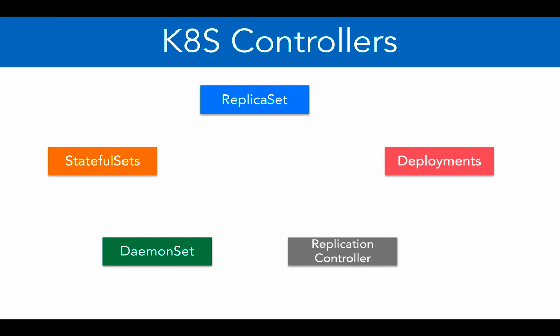One more thing I want to call out here is that we have various types of controllers. As I have already told you, we have replica sets, deployments, daemon sets, stateful sets, replication controllers. The concepts are actually interlinked. It might happen that some concepts of replica sets would be used in deployments also. Some concepts of daemon sets would be used somewhere else.